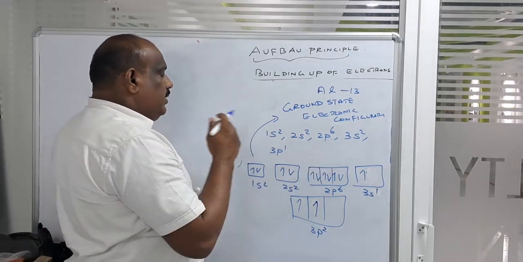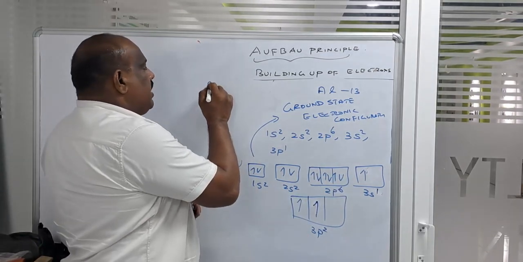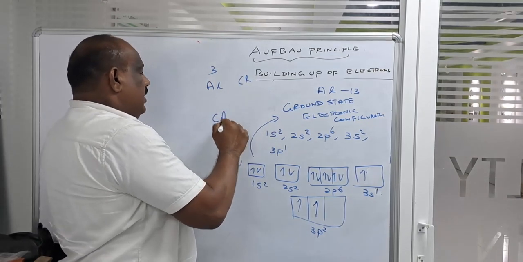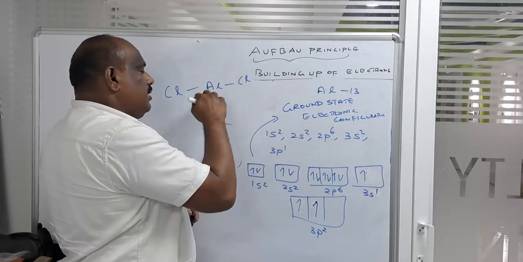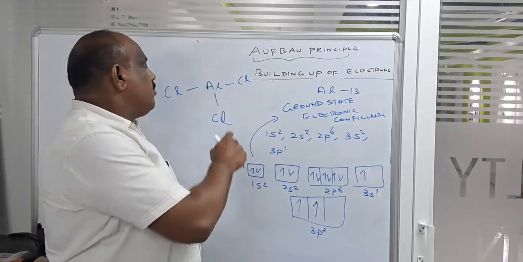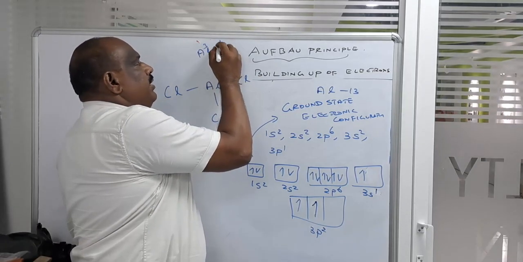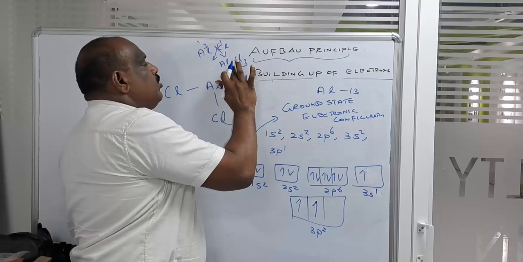This one. 3s1 and 3p2. Now aluminum has a valency of 3. It's going to combine with chlorine. Let us say there are 3 bonds. Let us say valency is a bond. Because aluminum has valency of 3, chlorine has valency of 1, when I cross multiply, it will become Al1 Cl3. So one is not required.